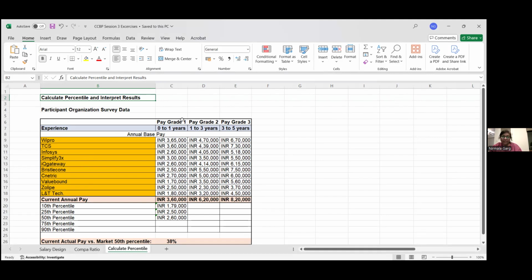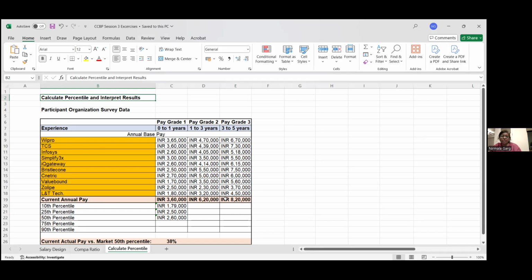This is market data for grade 1, grade 2, grade 3. You have to calculate the 10th percentile, the 25th, 50th, 75th, and 90th. And also the current actual pay versus market, which is the 50th percentile. And you have the current annual pay of that particular company.